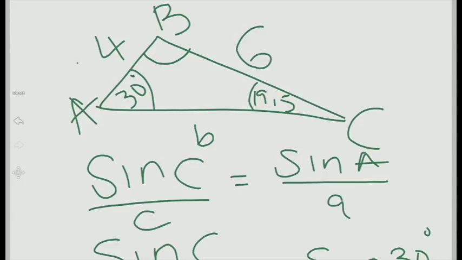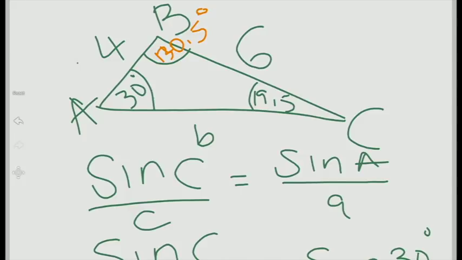As we know, the sum of interior angles of a triangle is 180, which means this is going to be 130.5 degrees. So if this is 130.5 degrees, we can find B using side C and side A. We have everything now. The only thing missing is side B.